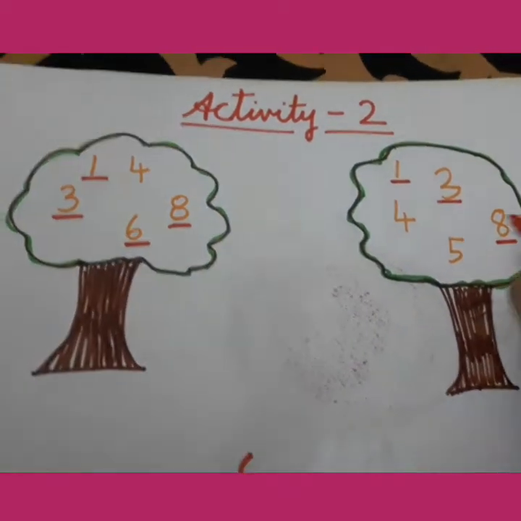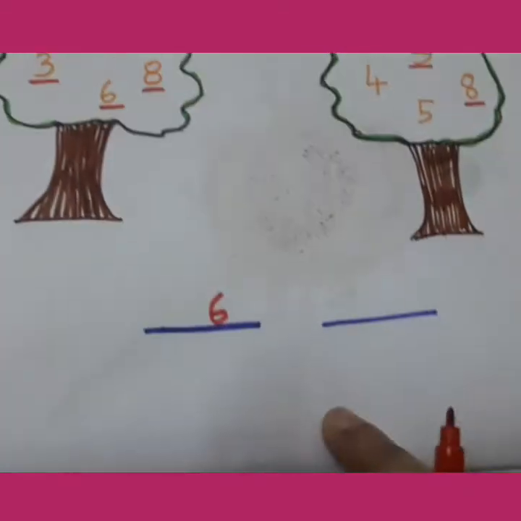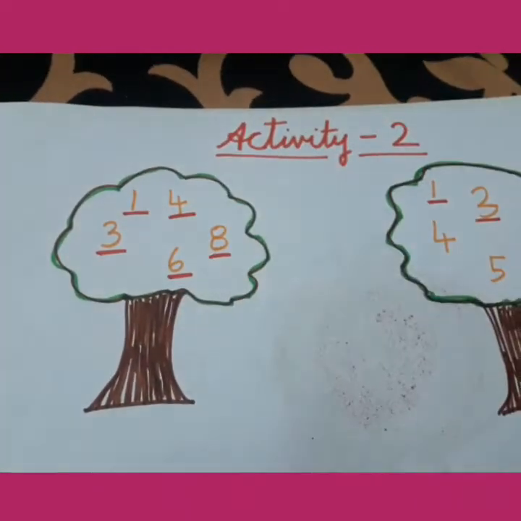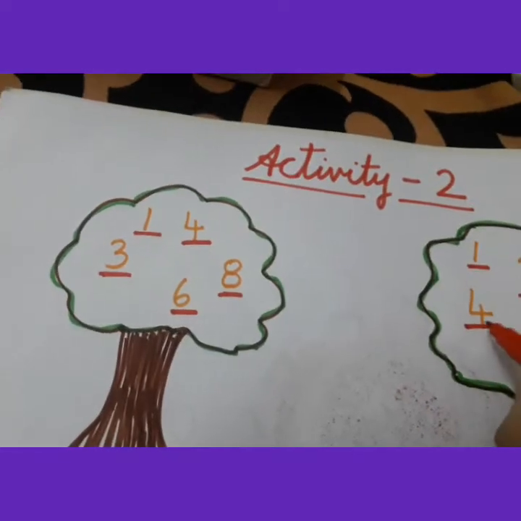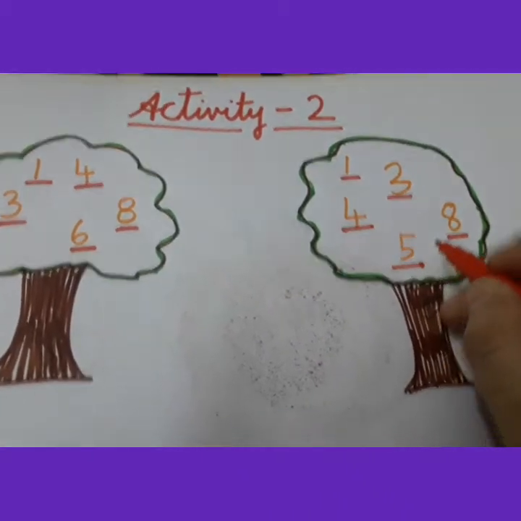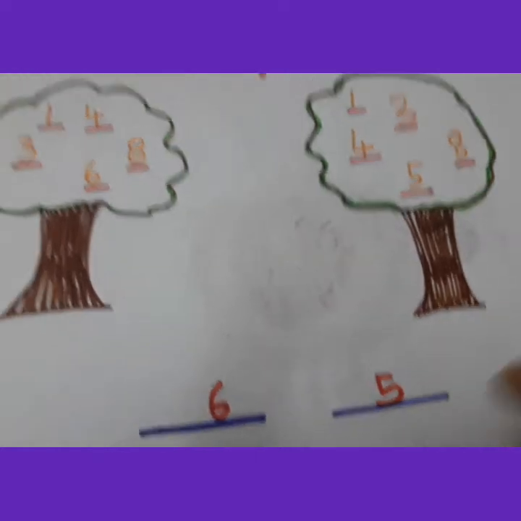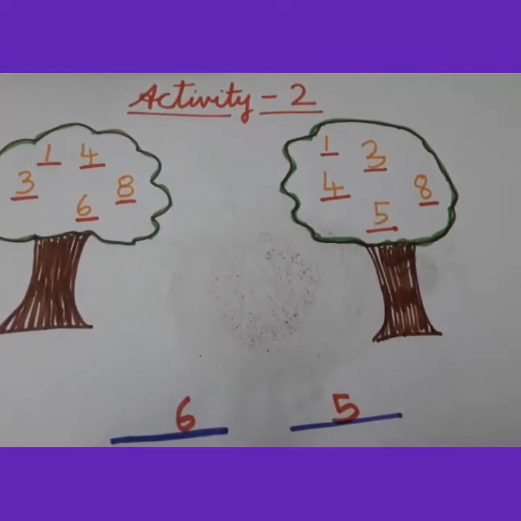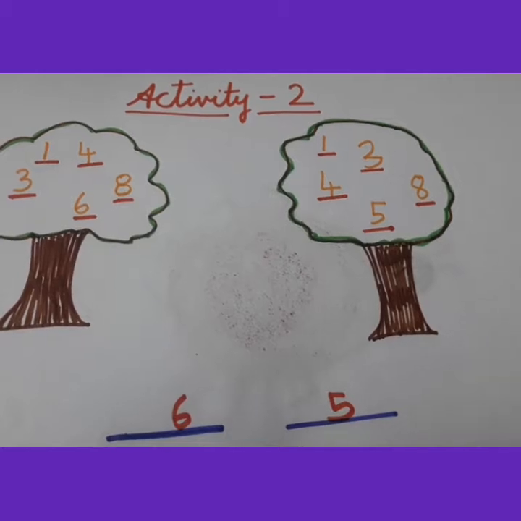Yes, we can find it. So we will not write it in the dash. Look at the number 4. Can we find 4 here? We can find 4. Now the remaining is 5. So write 5 here. Like this you can give some activities to your children to boost their memory power.